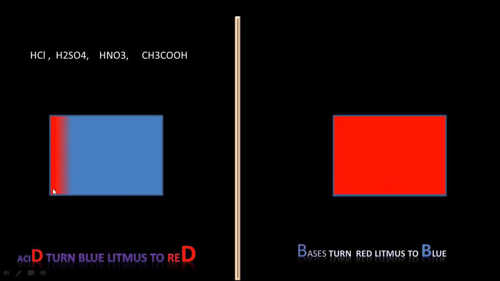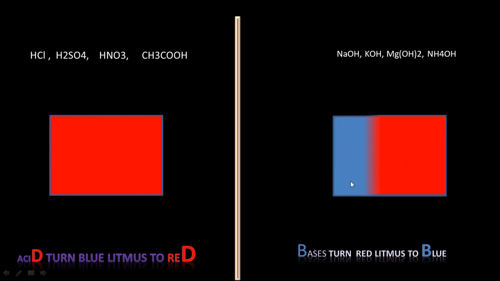So, final conclusion: acids turn blue litmus to red. About bases, red litmus turns into blue. Let us check.